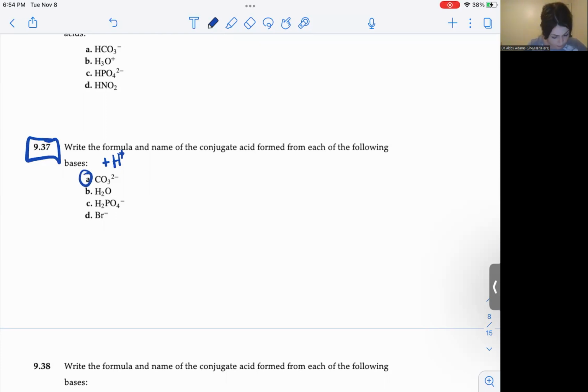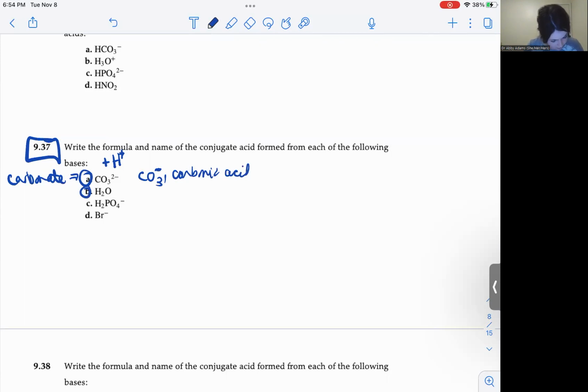You're going to go up on the charge overall in this polyatomic ion. So it's just going to be one negative charge and 3. What you had was carbonate, right? And now you're going to have carbonic acid.